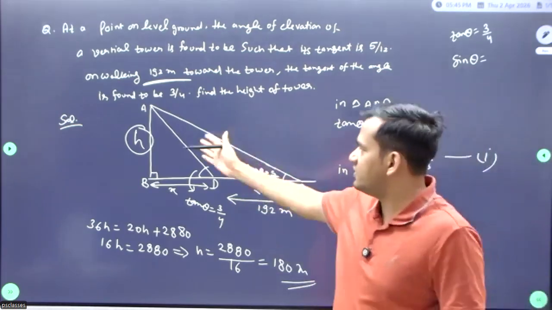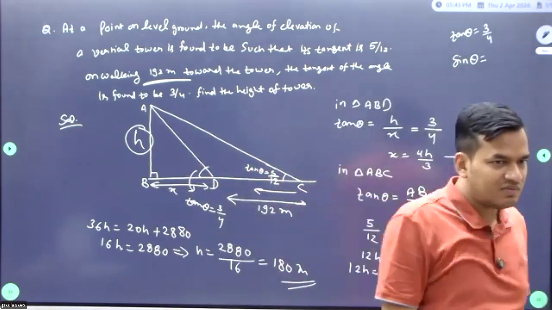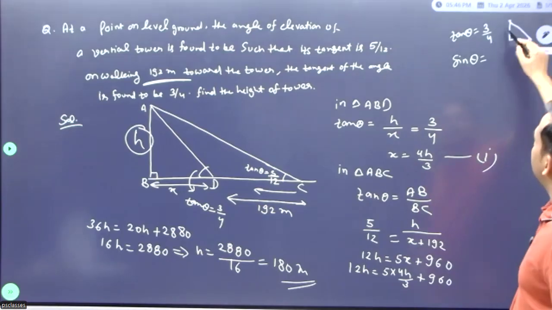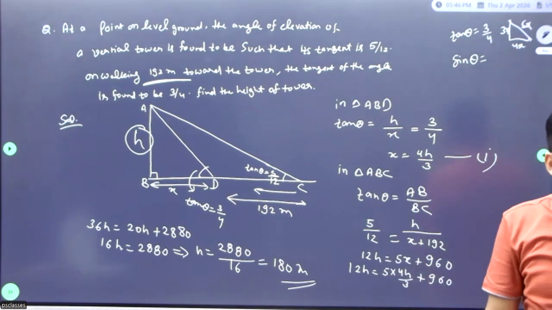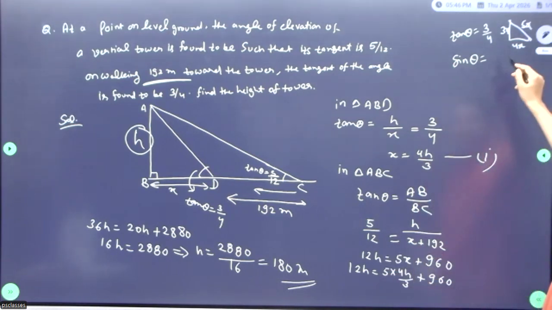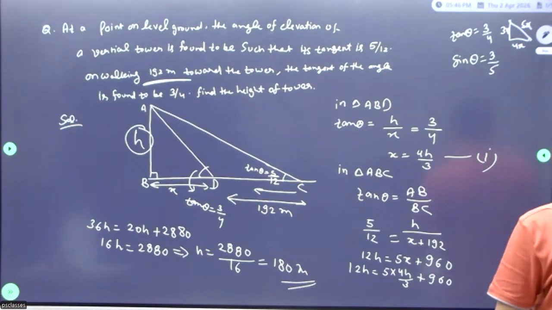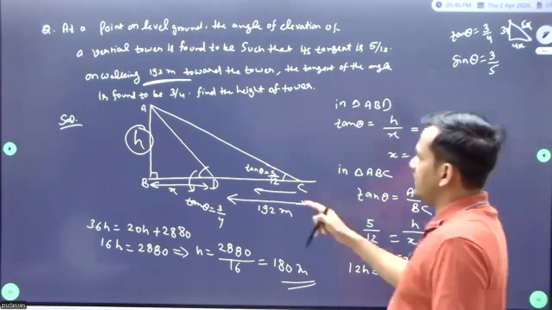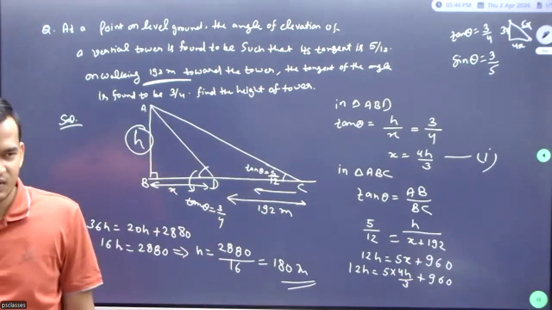Suppose we need the hypotenuse. In this case, we need AD also. But neither sin nor cos is given. You have to find it. You can write this as 3x, this as 4x. Then this will be 5x using Pythagoras theorem. Sin is perpendicular by hypotenuse, so 3x by 5x or 3 by 5. So you can also find this AD distance using sin theta.